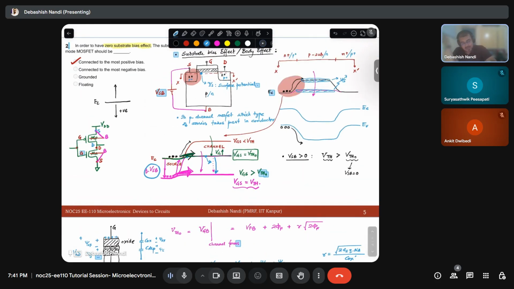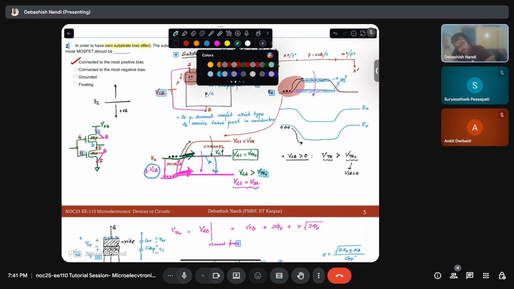So basically what is happening in this? Let me use a very different color. For example, now your VSB is not greater than 0, your VSB is less than 0. That means you will have a lower barrier like this, so your electrons can pass, right?